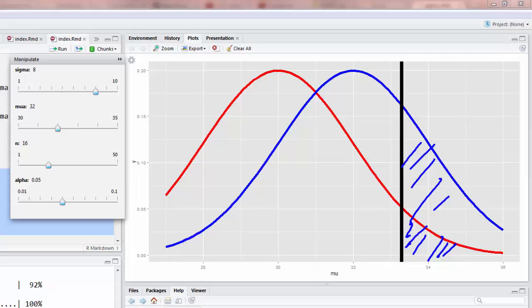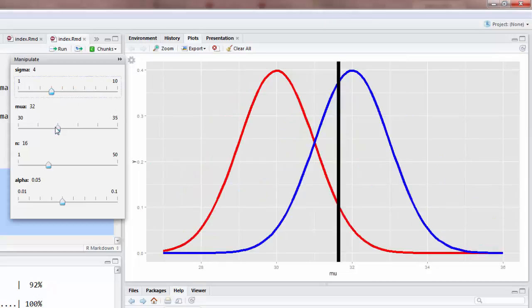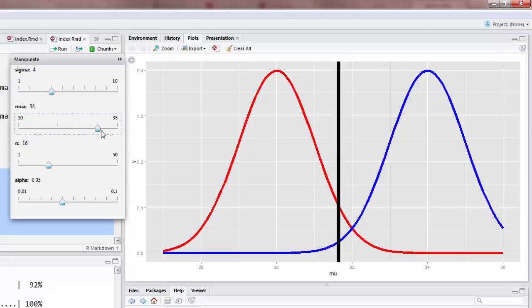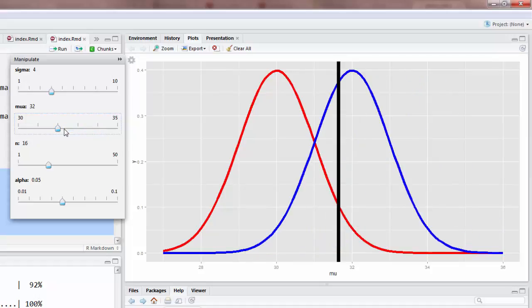Let's try some more. Let's set this back to what it was for the problem, 4. How about the mean under the alternative? Let's make it bigger. What happens? Well, it just moves along to the right, and now we get a lot more power. And the black line doesn't depend on the mean under the alternative, so it doesn't move.